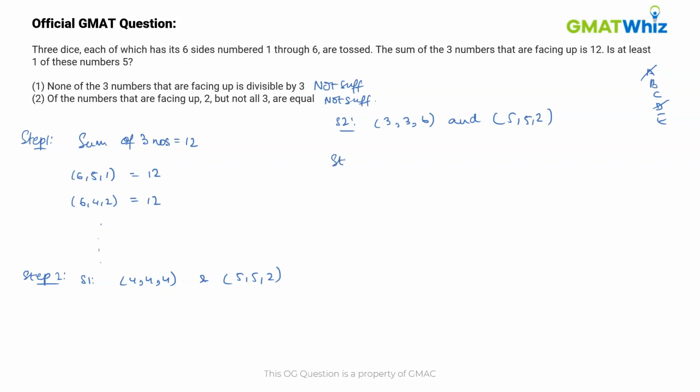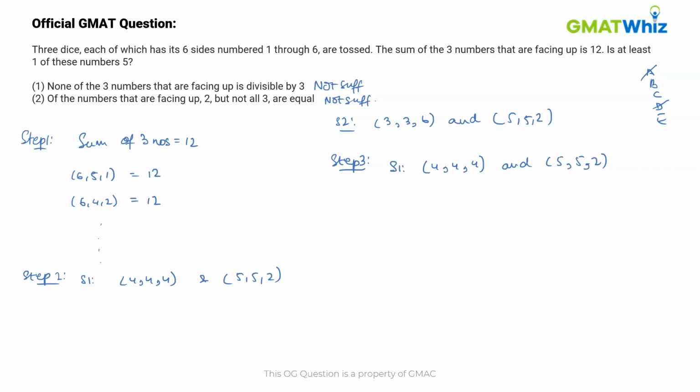And we move on to the last step, which is step 3, and check the sufficiency of both the statements together. So statement 1 tells us that the possible outcomes can be 4, 4, 4 and 5, 5, 2.